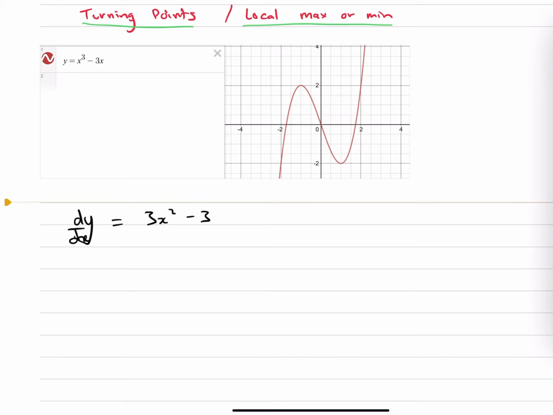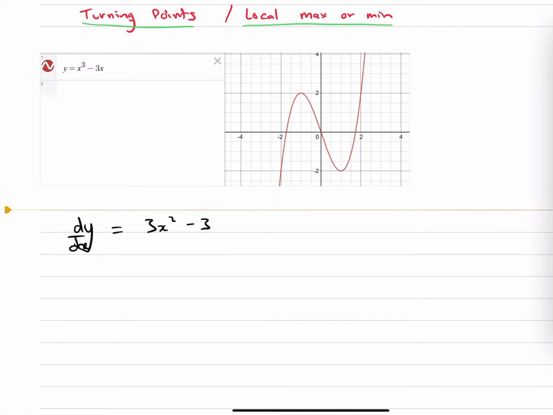So turning points occur when the derivative is equal to 0. And so we're going to factorize this, which we can then use a difference of 2 squares. Which means we know that the roots of the derivative are 1 and minus 1.